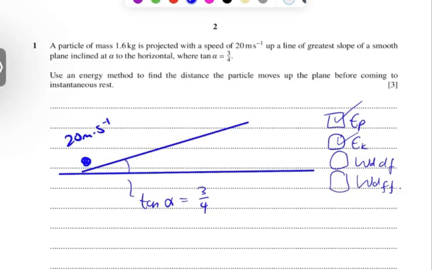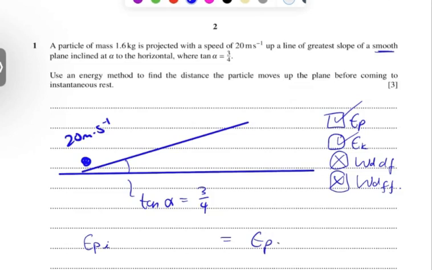Okay, work done by a frictional force. There's no force pulling, there's no engine or something pulling on this. And it is going up a smooth slope. So we also don't need to look at the work done against friction. Okay, so all I've got is my potential energy is changing. So in the beginning, potential energy is 0.